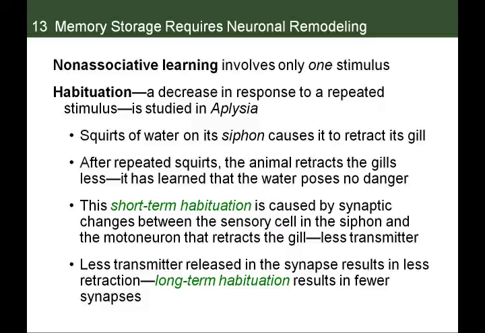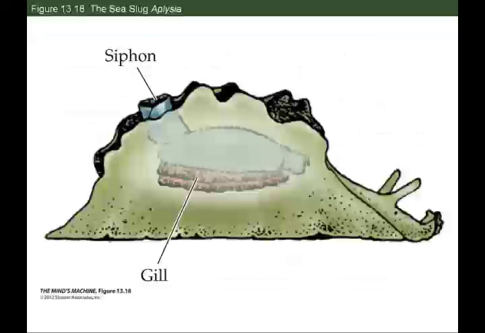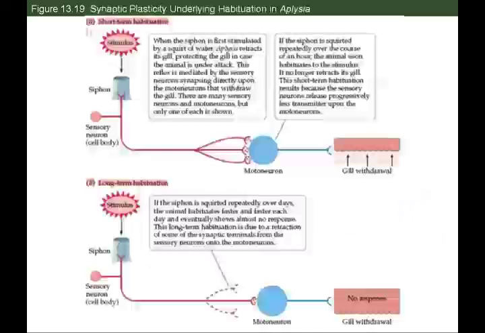Thus it's called long-term habituation. So with short-term, you have less and less neurotransmitter being released between the sensory and the motor. With long-term, you actually have fewer synapses, or synapses that die away. Here's a picture, okay, of the siphon when you keep poking it and it withdraws itself under its scale.